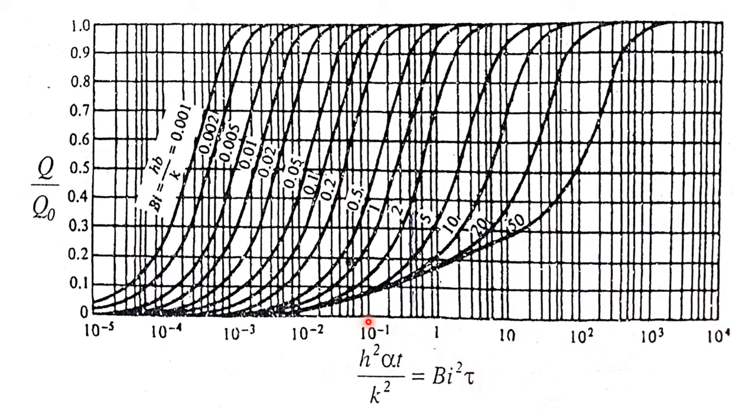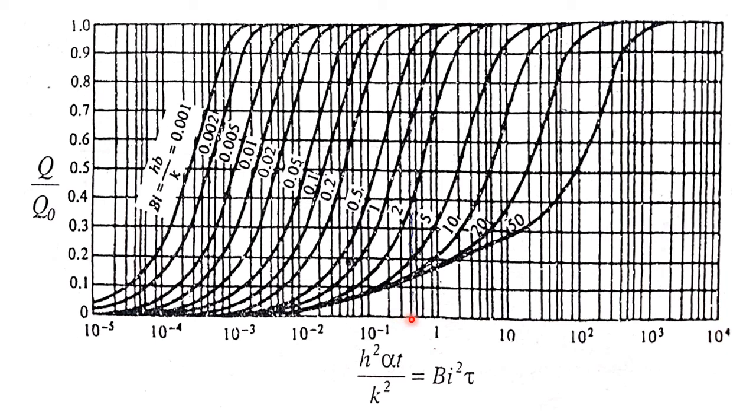So here this is 0.1, 0.2, 0.3, 0.4, 0.5, 0.6, 0.7, 0.8. Somewhere it will be here. My reading is Biot number square into Fourier number is 0.4: 0.1, 0.2, 0.3, 0.4. I will mark this line here.